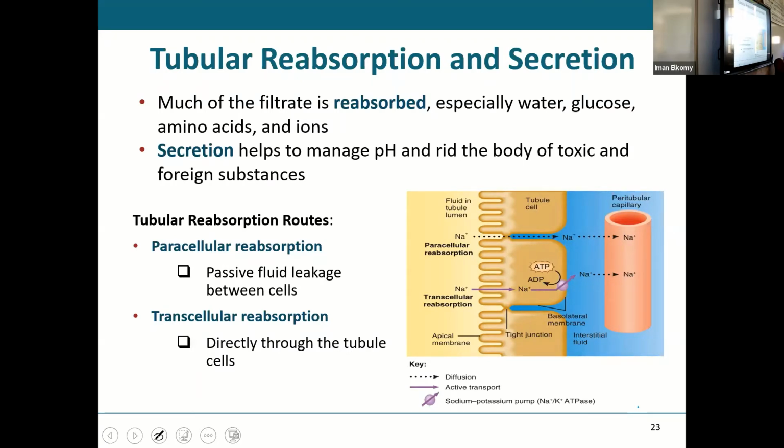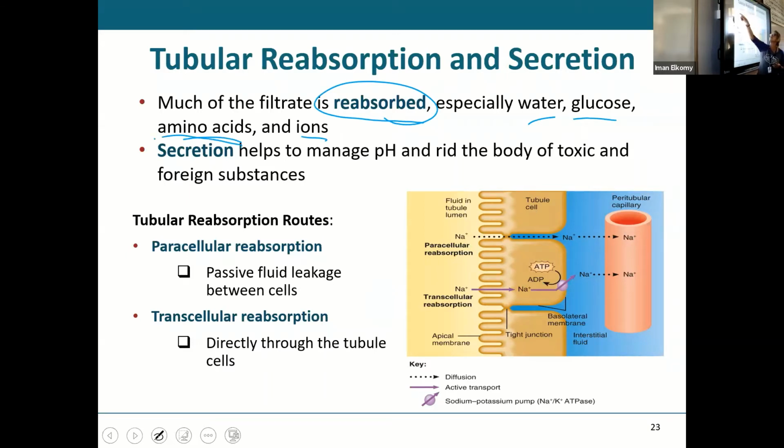As it's traveling through the proximal tubule, the loop and the distal convoluted tubule, what's happening to it. So we have two things that can happen. It's either reabsorption or secretion. Reabsorption. I already told you that most of the stuff that filters through that filtration membrane will actually be reabsorbed into the bloodstream. It is stuff that we need. Things like water, glucose, amino acids, and ions.